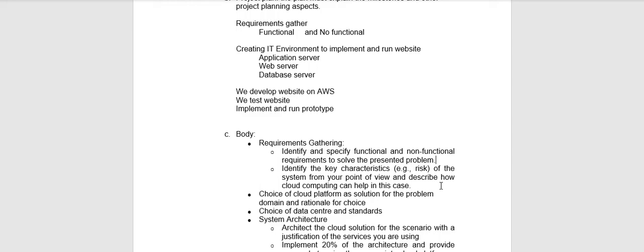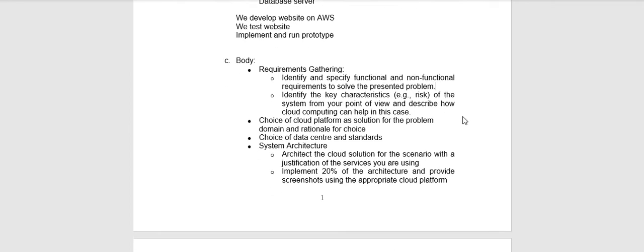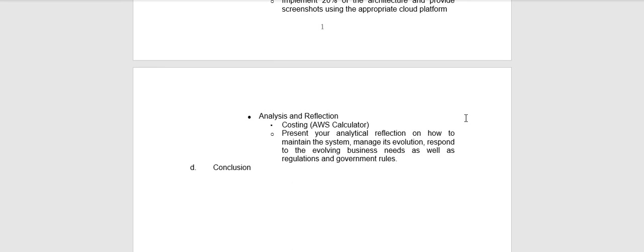I will explain to you. The choice of the platform as a solution for the problem, then the cloud-based web application solution. Then domain, choice of data center and standards, cloud architecture, analysis and reflection.